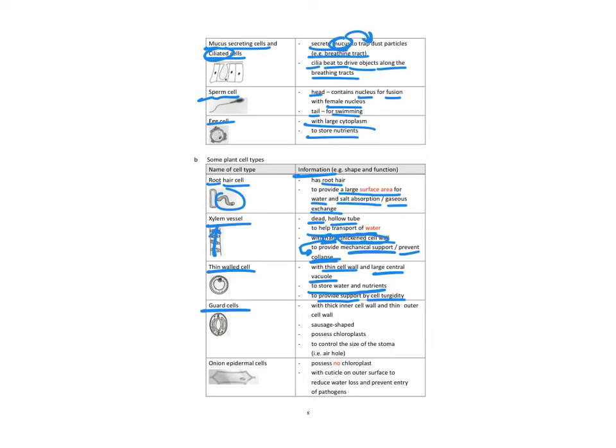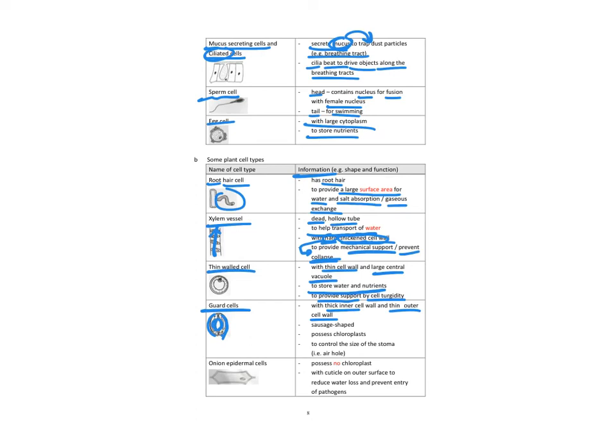Guard cells. Guard cells have a thicker inner cell wall and a thin outer cell wall. A thick inner wall and a thin outer cell wall. There is a special reason why the guard cell is like this.